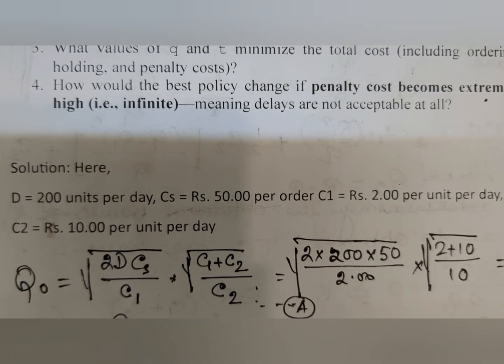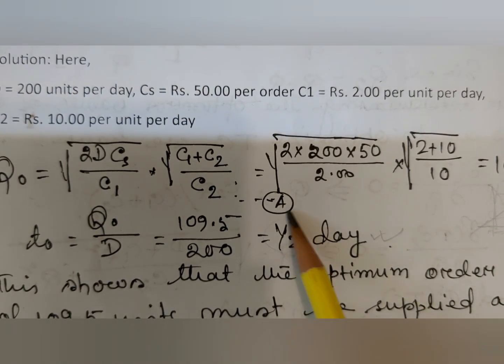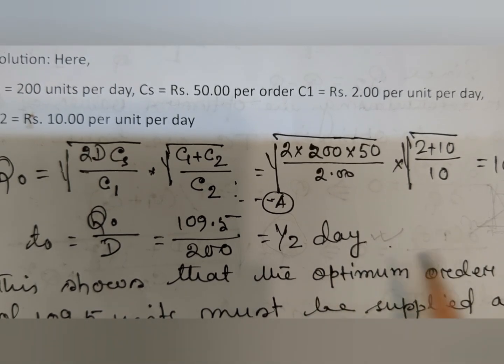You can calculate half day. This shows that the optimum order quantity of these units must be supplied after half day. हर half day के बाद ये supply करना है.